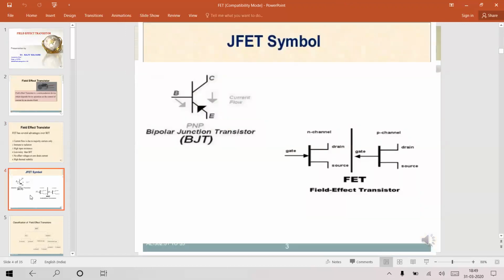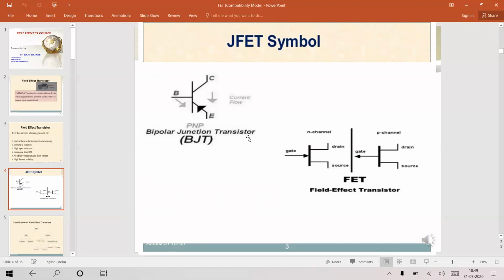To represent symbolically, this is how FET looks. This is the N channel FET and the P channel FET. The difference is the terminal gate is shown with the arrow inward here, and here the gate arrow is shown outward. Only that is the difference between N channel and P channel symbolically. Here you have terminals source, drain and gate.